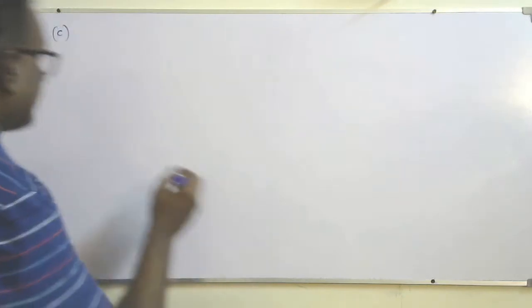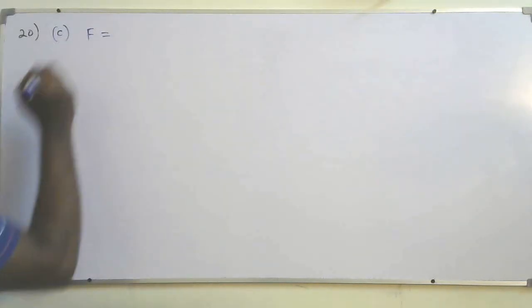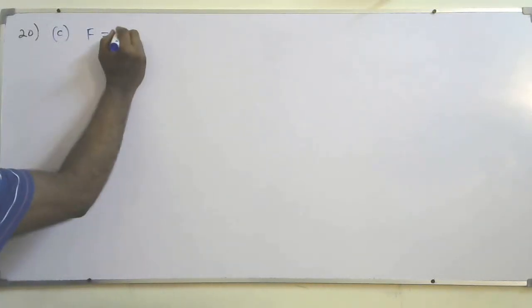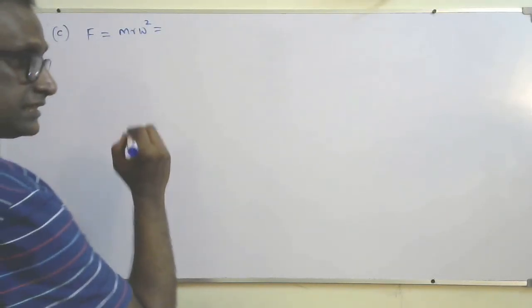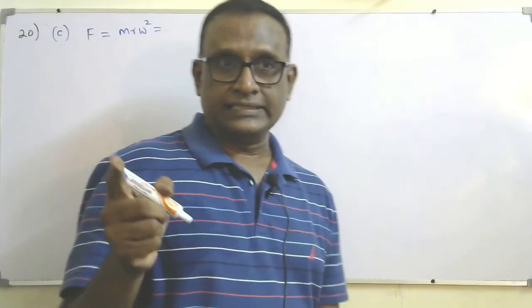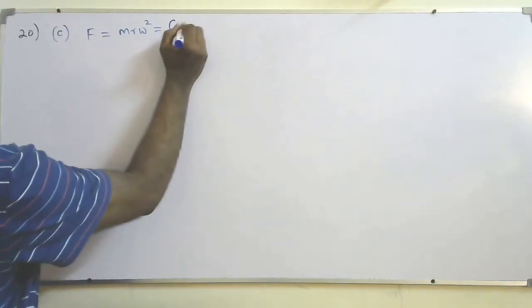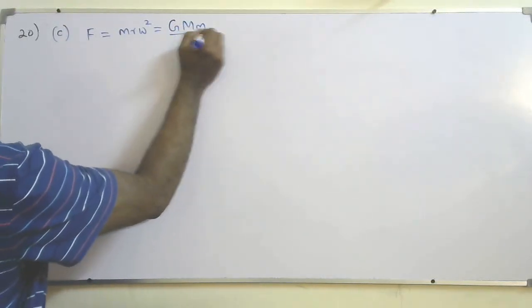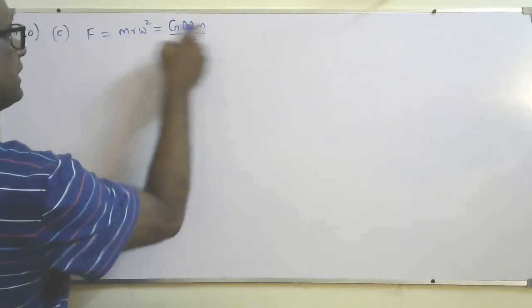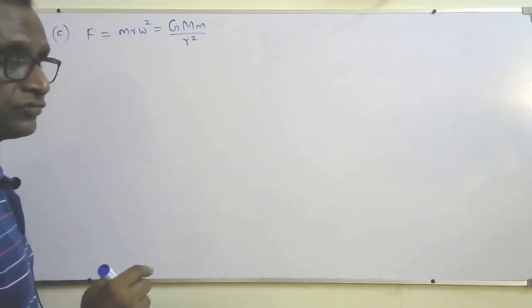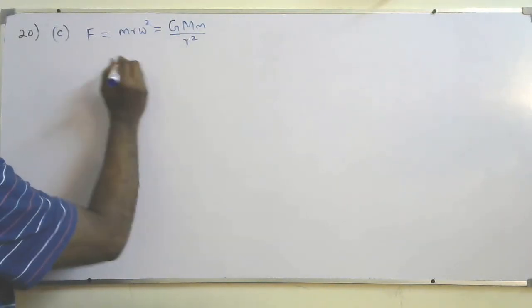So we can use the centripetal force, F equal m r omega squared, which is given by the gravitational force between the Sun and the Earth. So that will be G M m over r squared. Here the symbol m is the mass of the Earth. Capital M is the mass of the Sun. So both sides m will get cancelled.